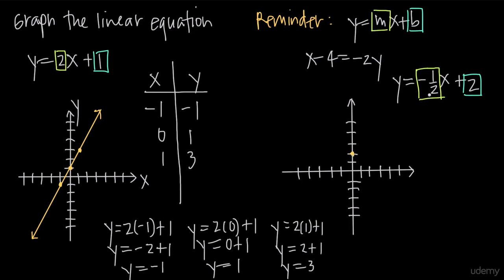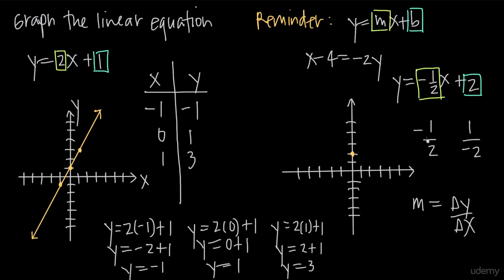Then we use our slope to sketch the rest of the line. So this slope is -1/2. Remember, -1/2 can be expressed as -1 over +2, or as +1 over -2. Both of these things are equal to -1/2. And this is helpful because let's first use this slope here, -1 over +2. Remember, slope is m equals change in y, or delta y, over change in x.